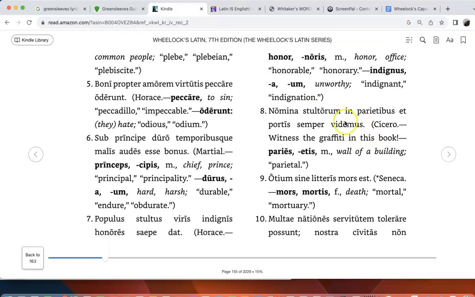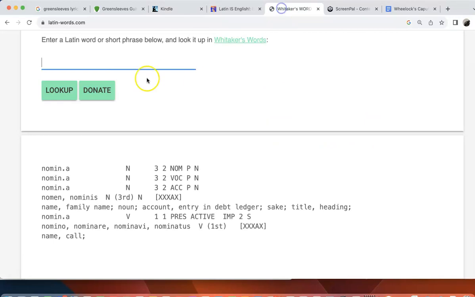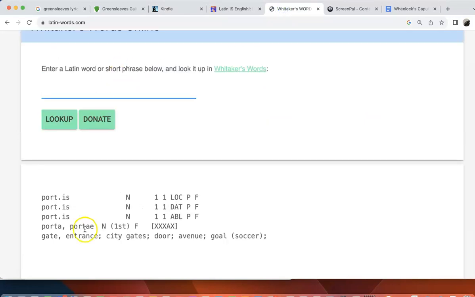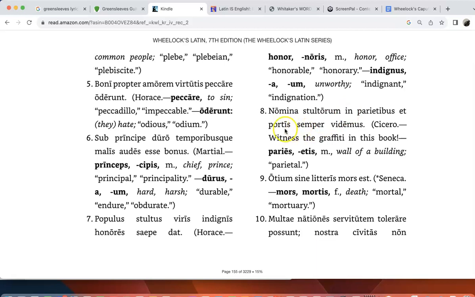So we often see the names of stupid people on a wall of a building and gates. Again, portis is gates. If we're not sure about that, we could just say city gates. As you can see here, it's the object of on where.